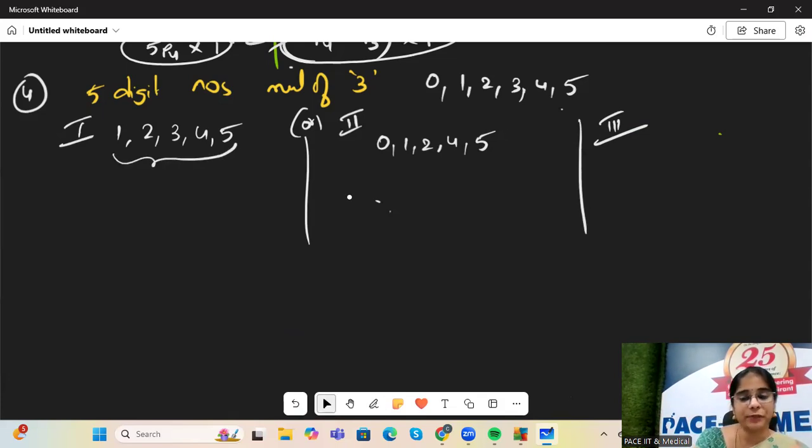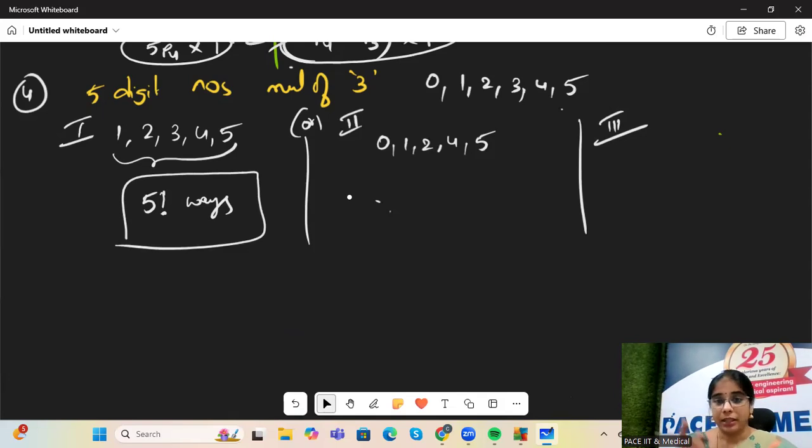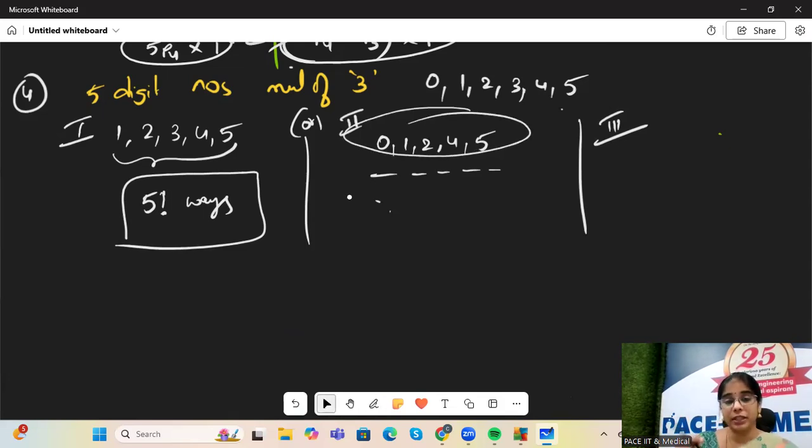Now from these 5 numbers, I can arrange them in any way. I need a 5-digit number only. 5 digits can be arranged in 5 factorial ways. Is that clear? The answer for the first case is 5 factorial. Now coming here, I need to place 1, 2, 3, 4, 5 as a 5-digit number from these given digits, that is 5 factorial ways. But as I said, 0 is included, so remove those with 0 in front, that is 4 factorial.